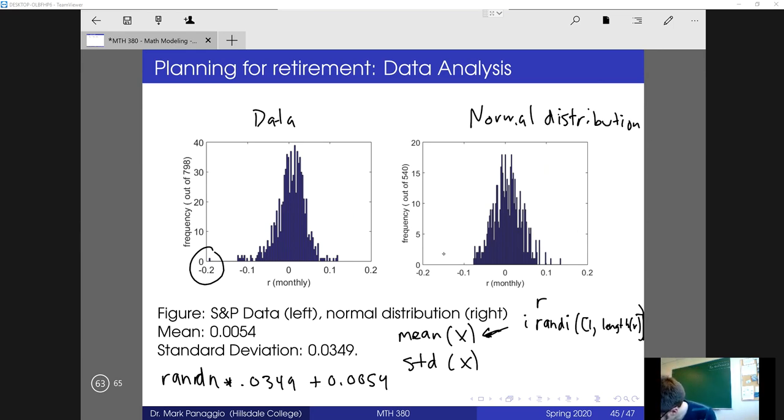Let's call that I. Then if you just picked out R of I, that would give you the rate of return that corresponds to that randomly chosen location. You could then apply that for the next month and then repeat the process again. That would allow for these sorts of extreme events where the market really drops dramatically to happen once in a while, but it would do so very rarely because they only happen very rarely in the data that you have.